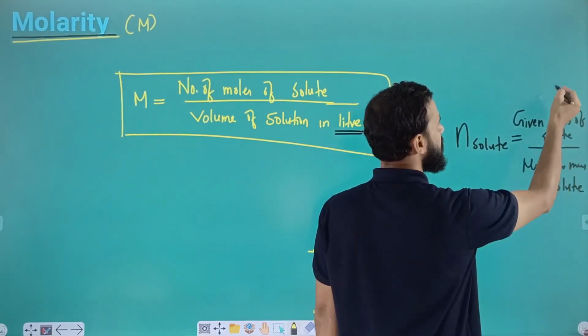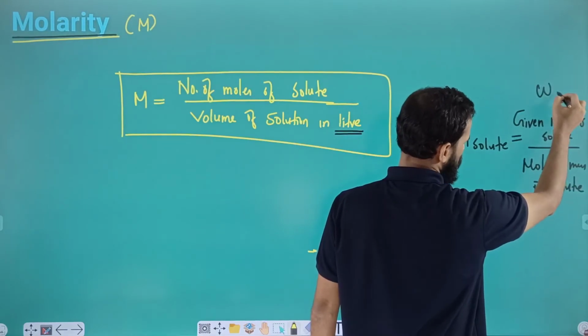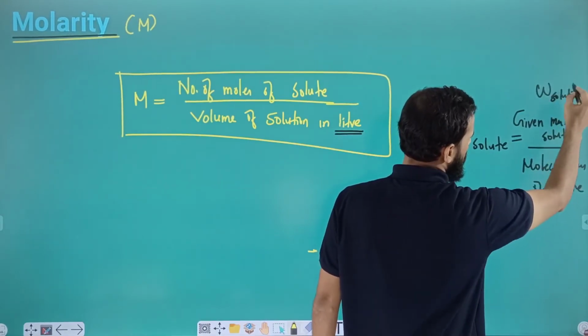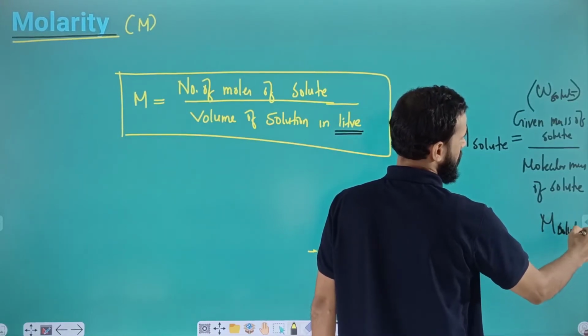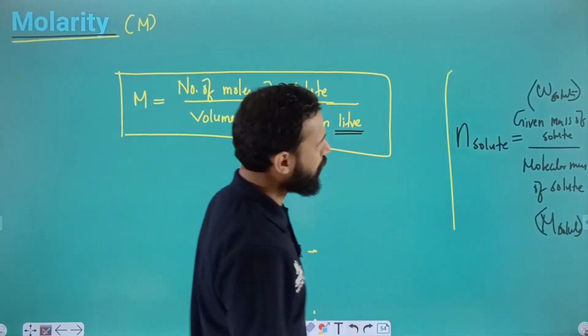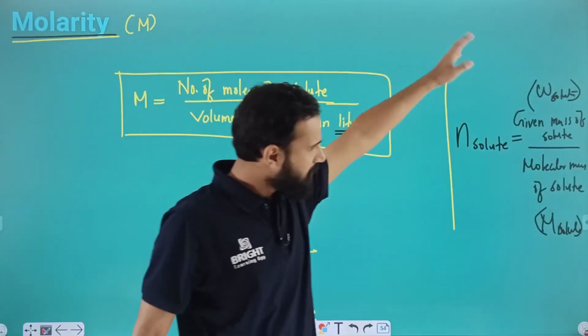Given mass is generally represented as W solute, and molecular mass as capital M solute. So the number of moles is nothing but given mass divided by molecular mass.